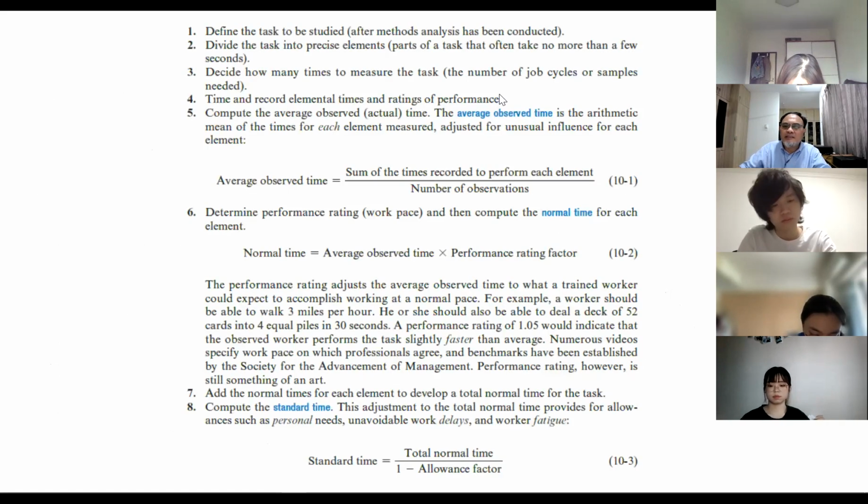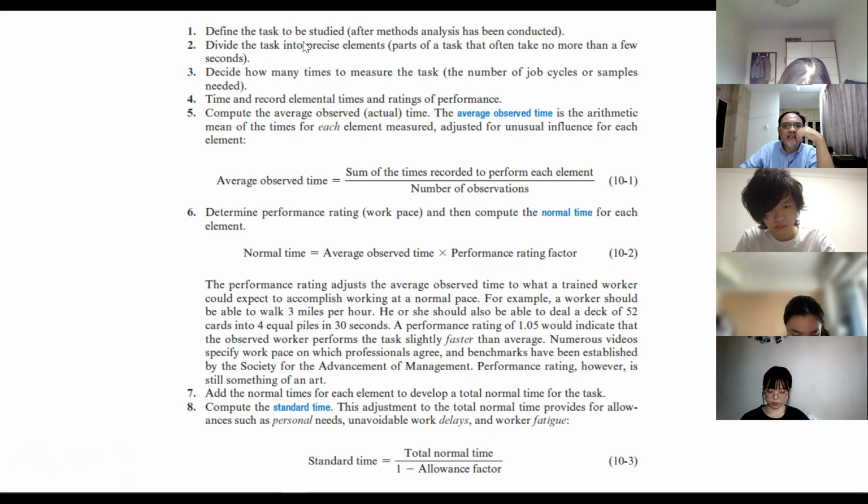Right. So these are the 8 steps. I've taken this from the book because I want to show it in one slide. Number 1 is to define the task to be studied, after method analysis has been conducted, that means you have documented the process, the flow and everything.